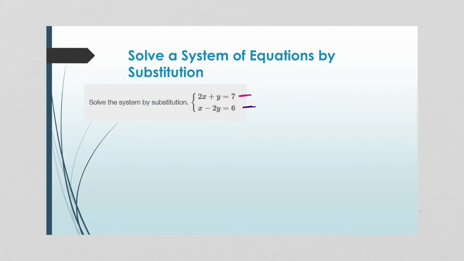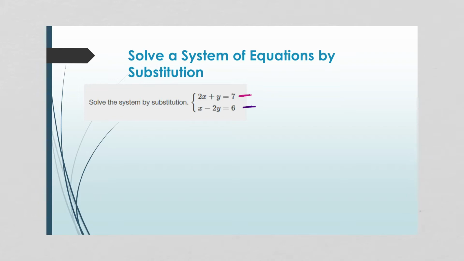The first thing I would do if I were looking at these and trying to figure out what to do without graphing is take a look at the X and the Y and the X and the Y. I ask myself, is there one of these variables that can easily be solved for itself?